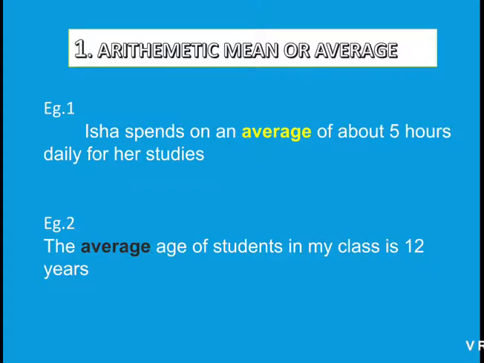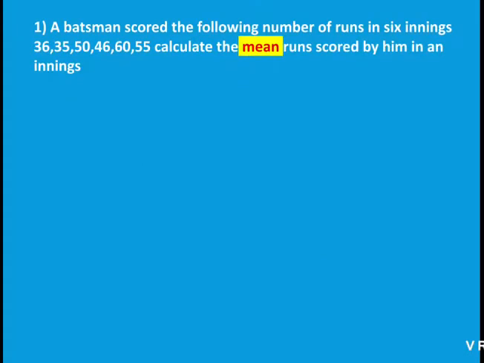This also we use in our daily life. The word average is very familiar to you. Here, one question. After discussing this question, we will learn how to find the mean or average of any observations.